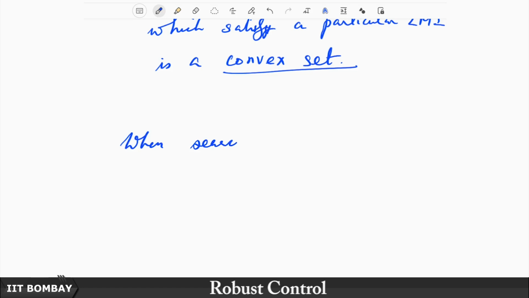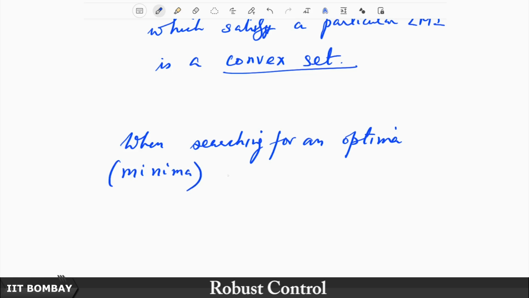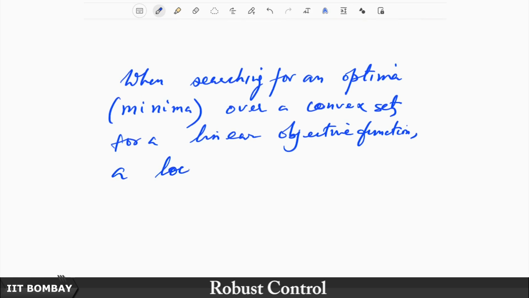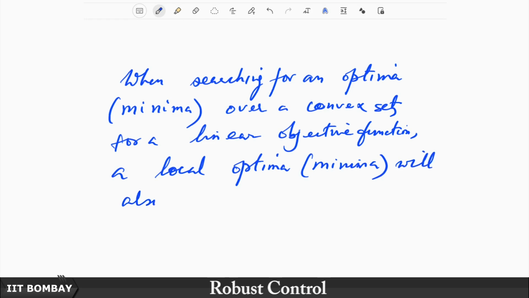When searching for an optima, you can replace this with a minima also, it really does not matter, over a convex set for a linear objective function, a local minima or maybe optima or minima will also be a global minima or optima.